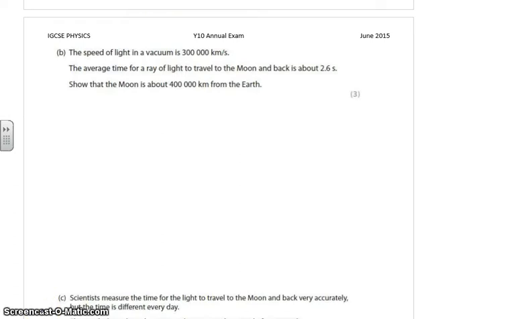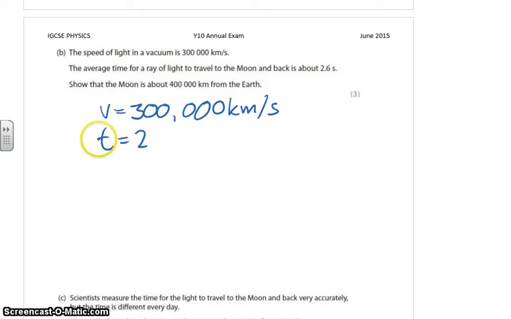Right, 5 part B. This is a calculation question, so we're going to get the first mark for working out the formula. Now this is giving us a velocity, so what I'm doing here is I'm just writing down what the question tells me in terms of symbols. Then the next step is to write down what the question asks me.